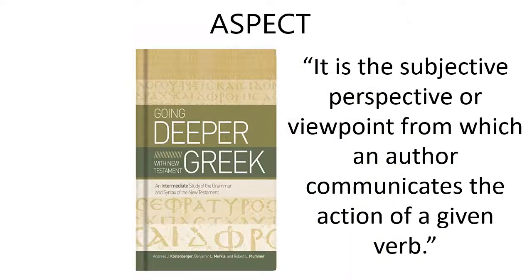Okay, so I have the unfortunate job of trying to explain Greek aspect to you. So I hope that after this you don't leave more confused than when you began. But the first thing I want to say is that the concept of aspect is often missing from traditional grammars because this concept is a fairly new development in the field of Greek linguistics.